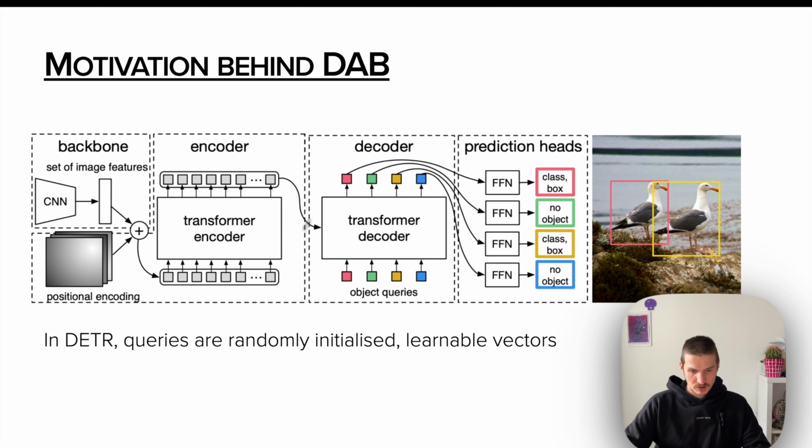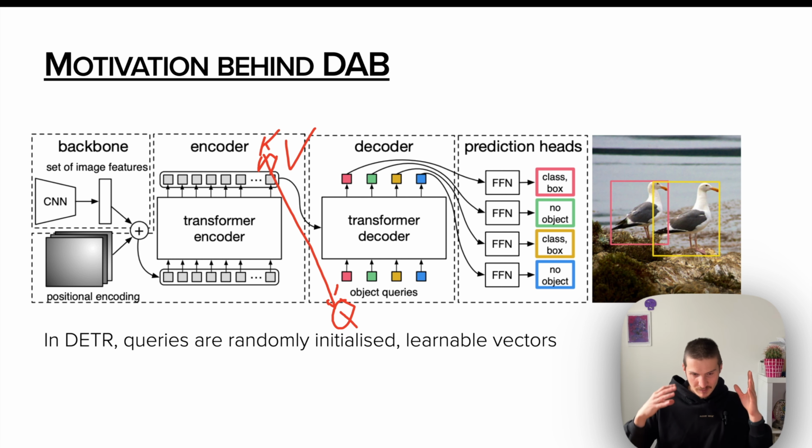So this is the decoder. In the decoder, we have object queries coming from the bottom. And if we recall what attention actually does, you have queries. In this case, they come from the object queries. And then you have keys and values coming from the encoder. And then you use queries and keys to compute this attention mask that basically tells the network which parts of the image to focus attention on.